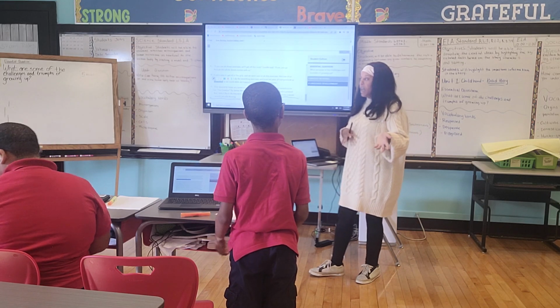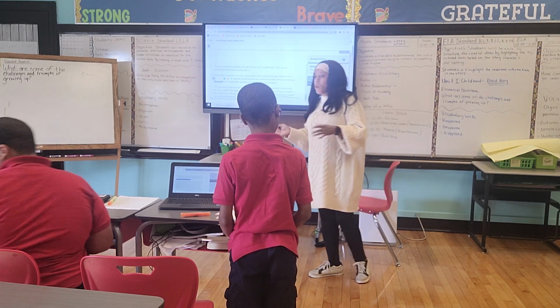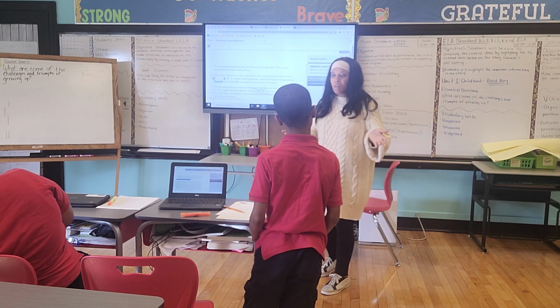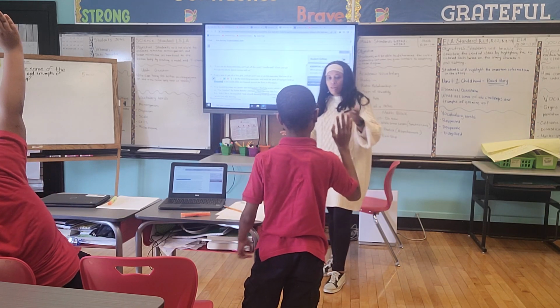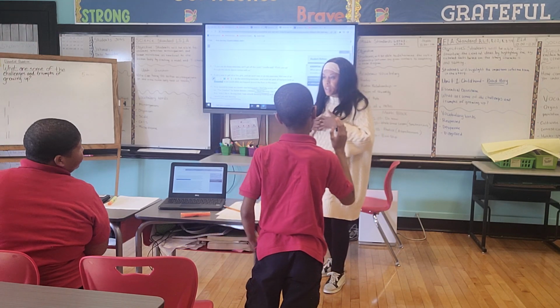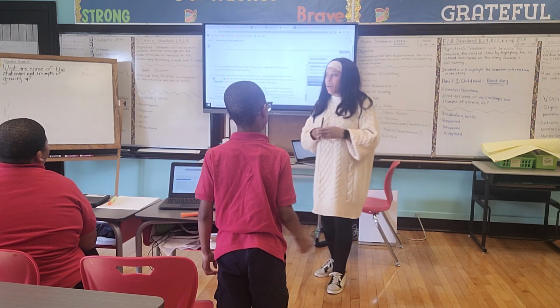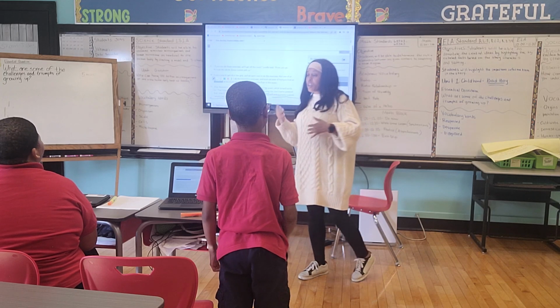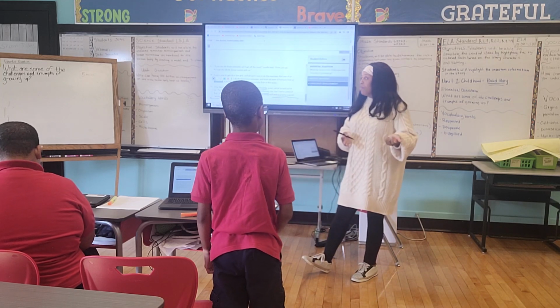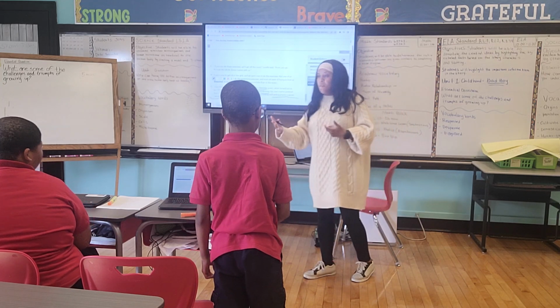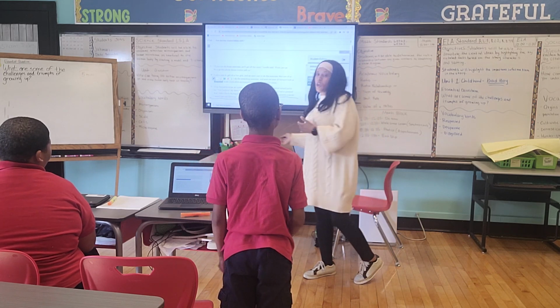So society might say that girls are supposed to dance, boys are supposed to play sports. Who likes to play basketball in this room? You. Also, I like to play basketball. But society might say that only boys are supposed to play basketball. But girls can play basketball. Sometimes society gives us roles, that boys are supposed to play sports and girls are supposed to dance.